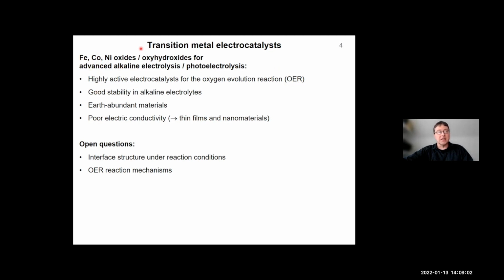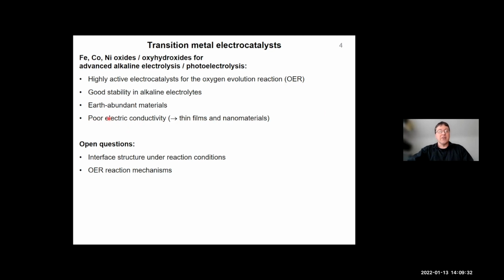These oxides are very active electrocatalysts for the oxygen evolution reaction. They have good stability in alkaline electrolytes, and they are made from relatively earth-abundant material. But there's also a problem: they usually do not have very good electric conductivity. So you use them in the form of thin films and nanomaterials deposited on some good electric conductor.